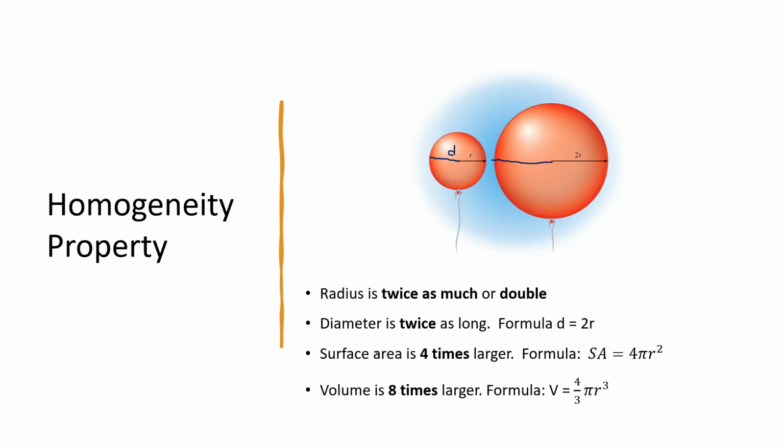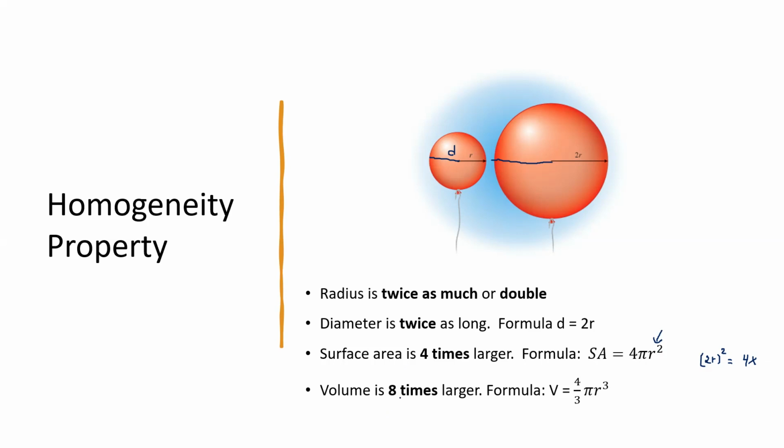But now when I talk about the surface area, which is like how much latex is making the balloon, that surface area is 4 times larger. Well, why does that happen? Because when I look at this formula right here, there's an exponent of squared. So if I double the radius, that would be 2r, and I would square that, and so then it's 4 times as large, because I can see the 2 squared in there would give me 4.